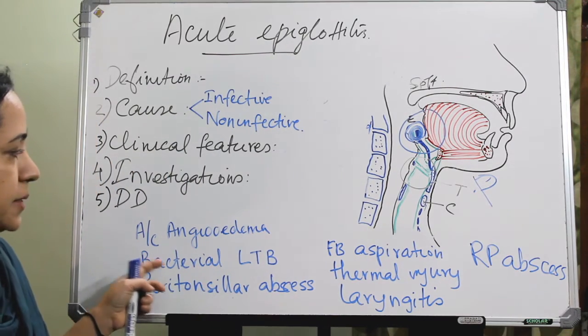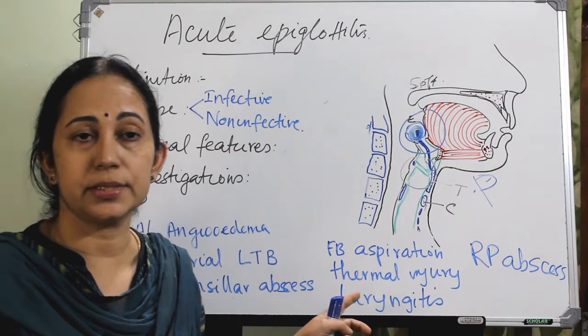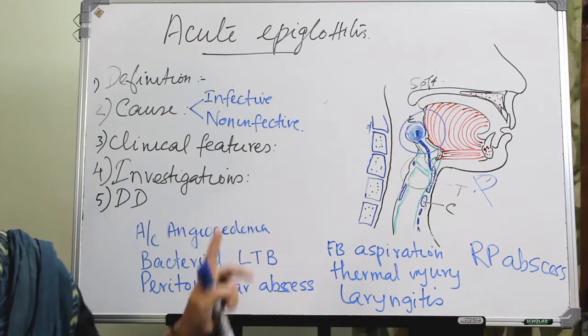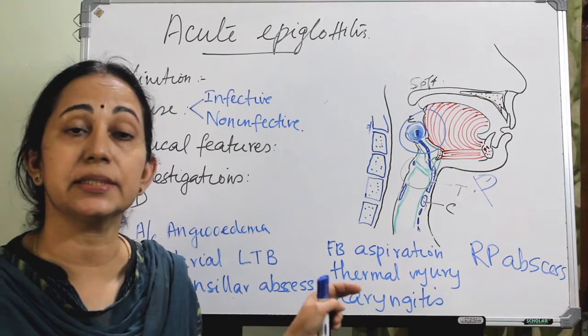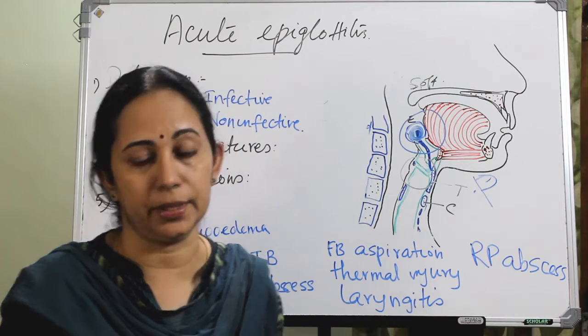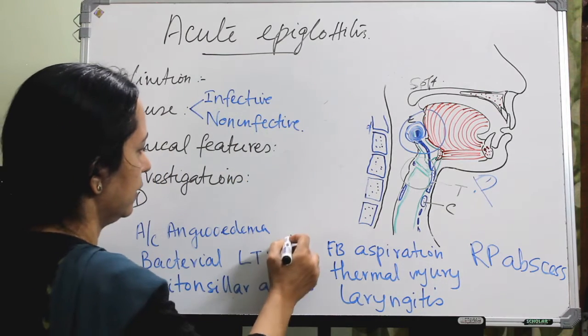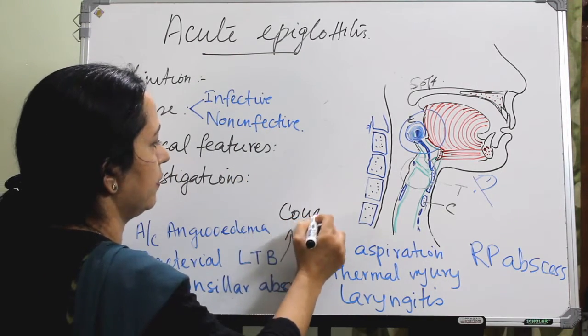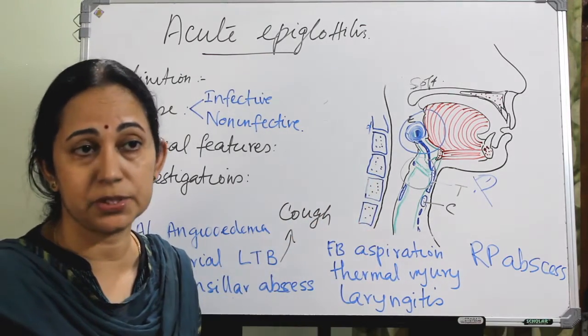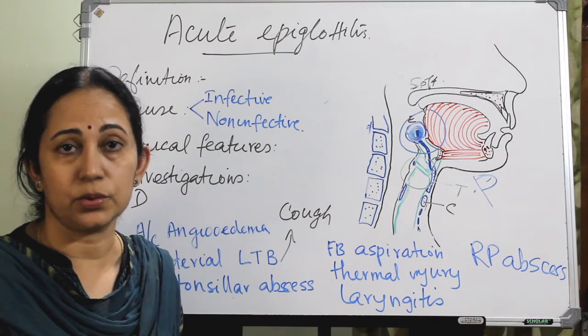I have already told you that laryngotracheobronchitis in children also presents with an inspiratory stridor, but the typical brassy cough will be present in a bacterial LTB. Cough will be present, but in acute epiglottitis, the cough will be absent, or if at all present, will be very mild. That is a differentiating feature.